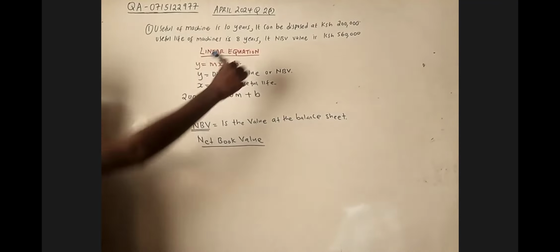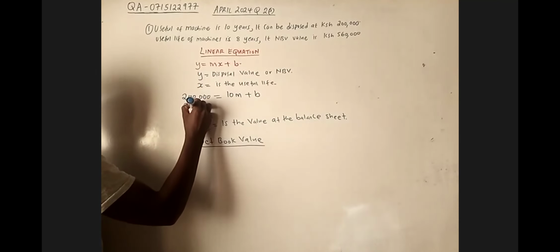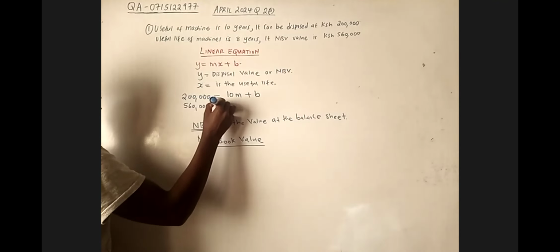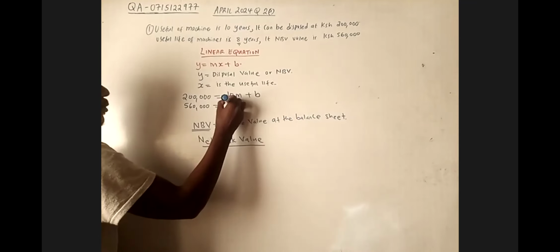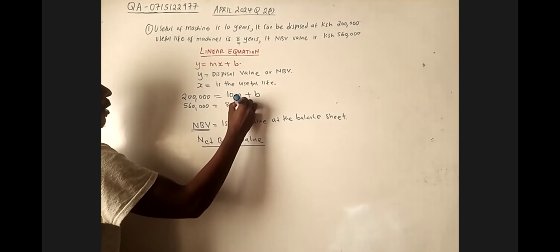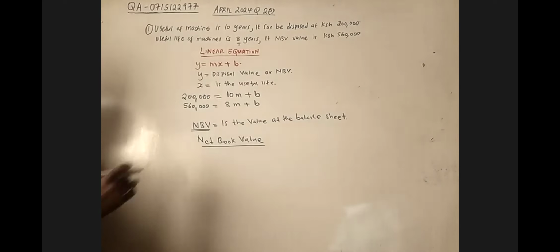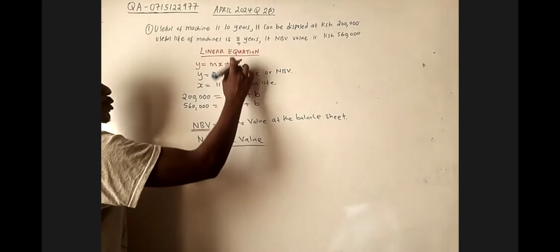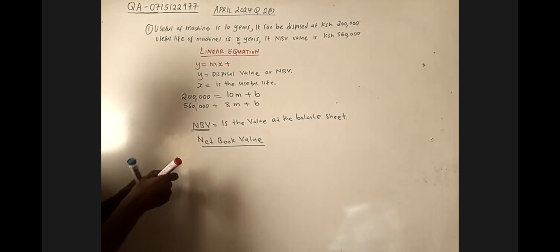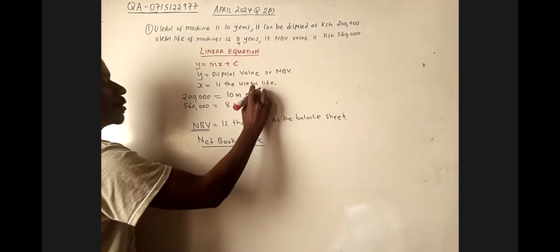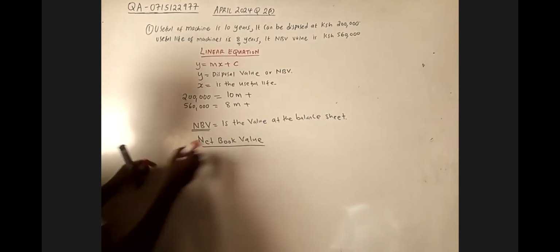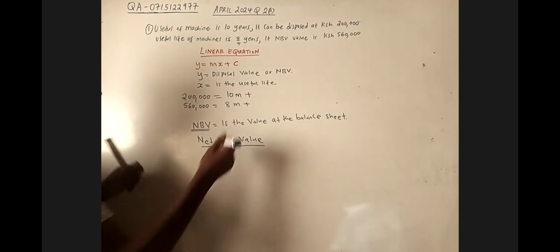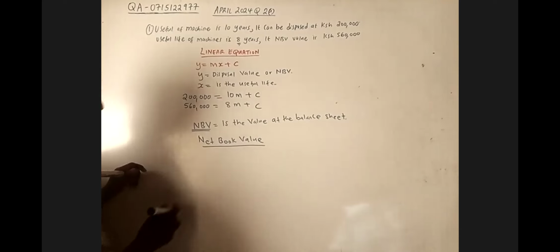When the disposal value is 560,000, our useful life is 8 years. I'm going to say y is equal to mx plus c, let us change b to c.